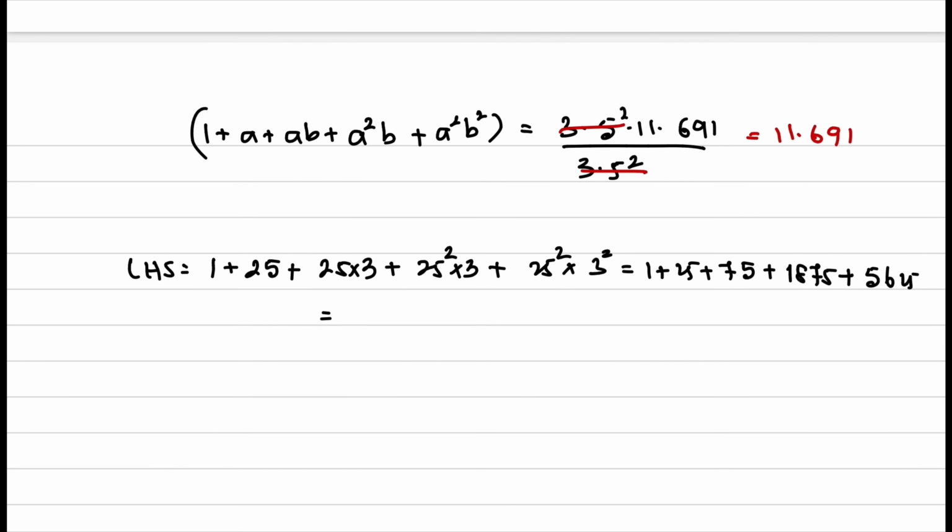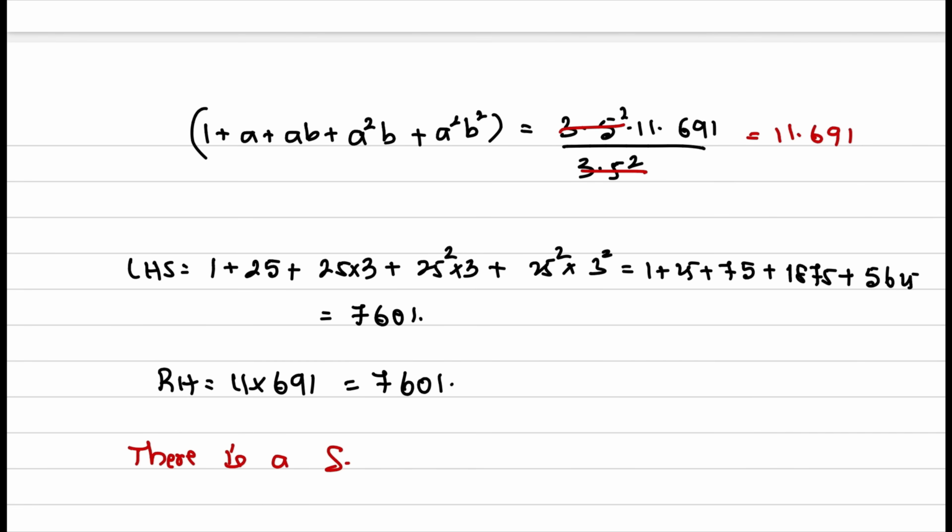That is equal to 1 plus 25 plus 75 plus 1875 plus 5625 is equal to 7601. Right hand side is equal to 11 into 691. 11 into 691, that is equal to 7601. Hence, there is a solution as left hand side is equal to right hand side.